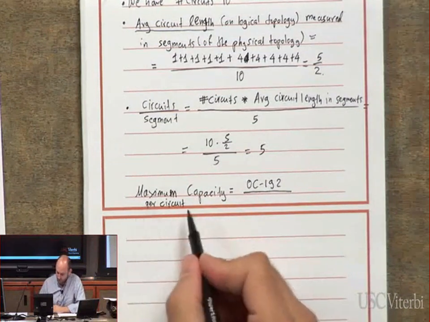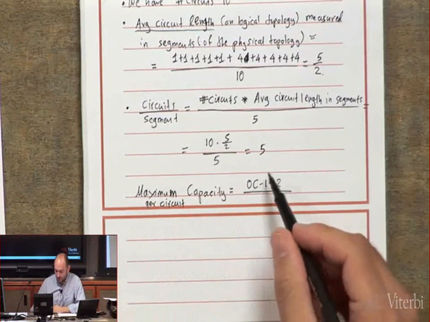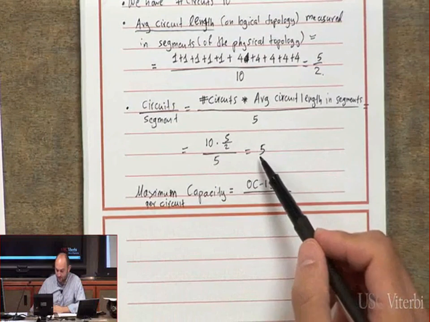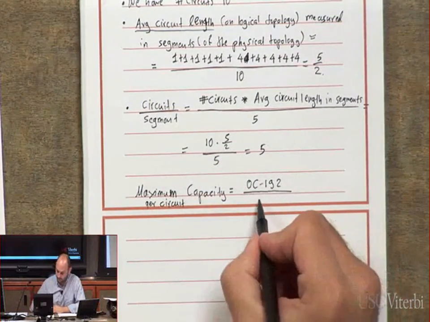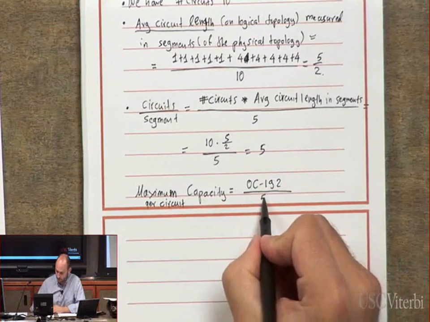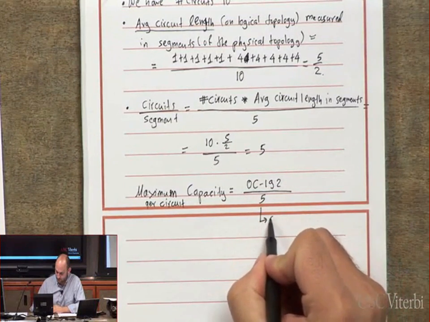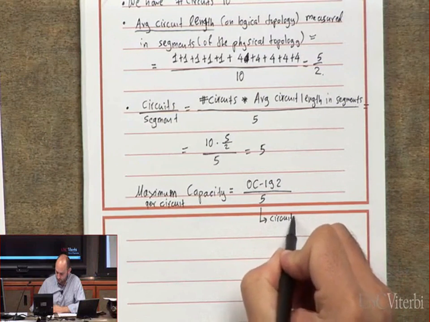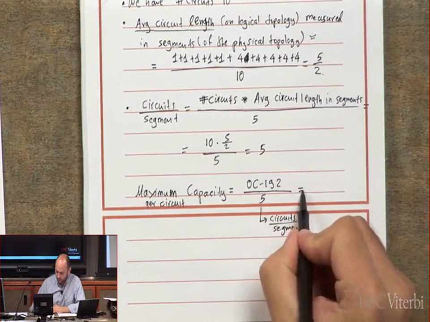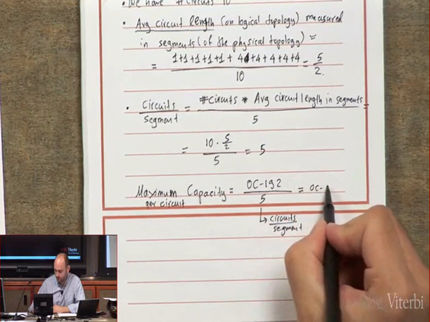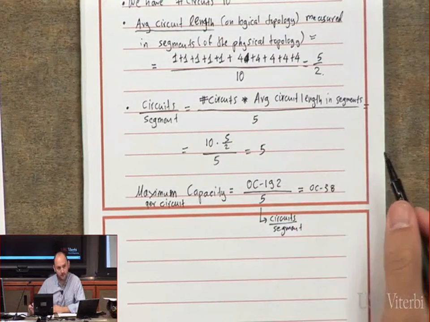So just to make things clear, OC192 divided by number of circuits per segment, divided by 5, and this is equal to OC38.